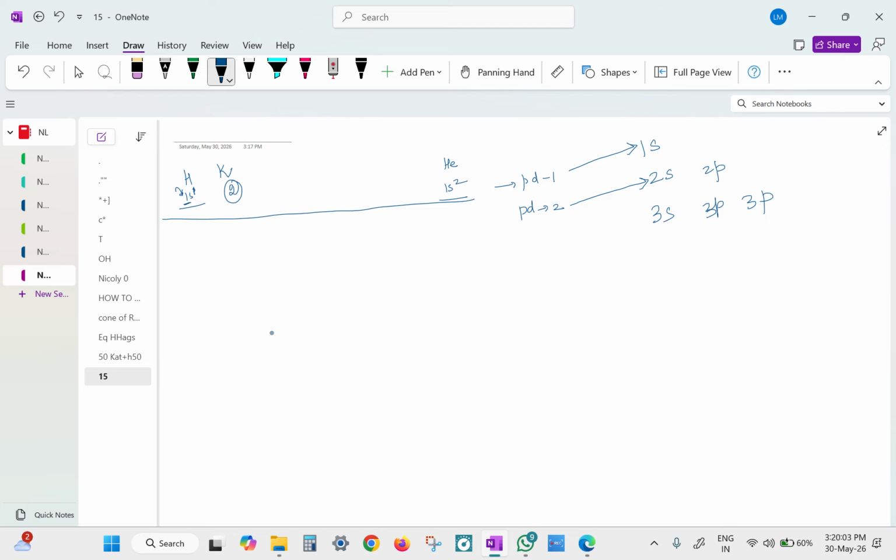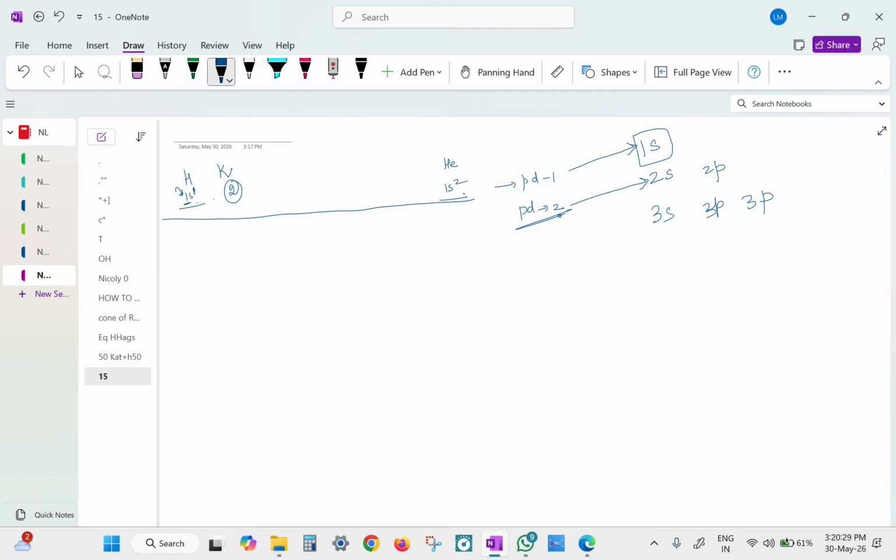In the first period, only hydrogen and helium are there. That means it is only 1s getting filled up. It could have been 1s1 or 1s2. If it is 1s1, it is hydrogen. If it is 1s2, it is helium. Got it?